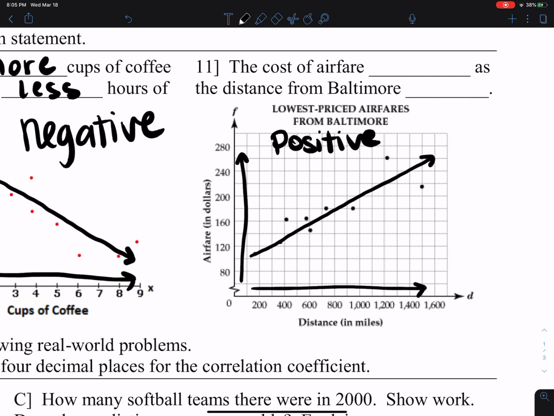And that makes sense. The further away you go, the more expensive it's going to be. If you fly to Europe, it's going to be like $1,500. If you fly to Las Vegas, it's like $150. So the cost of airfare increases as the distance from Baltimore increases. So that's what it means to have a positive and negative slope.